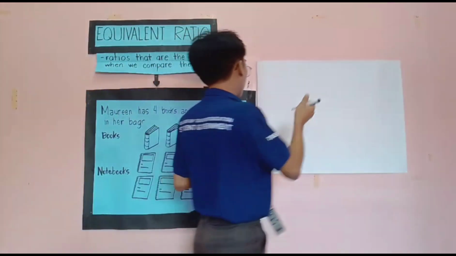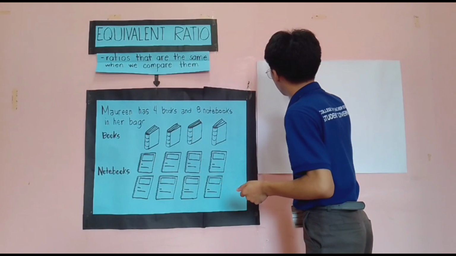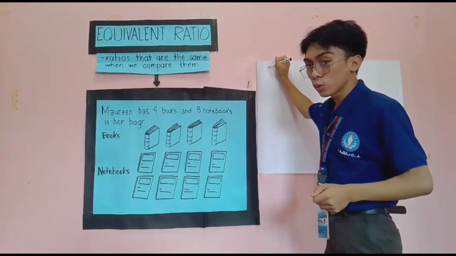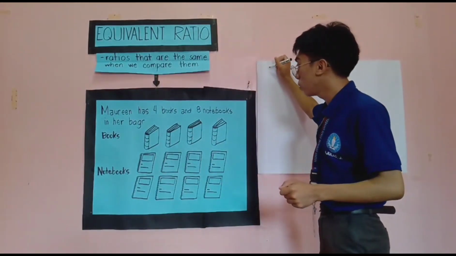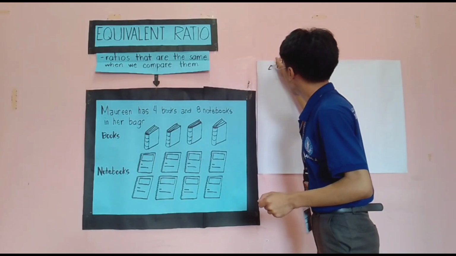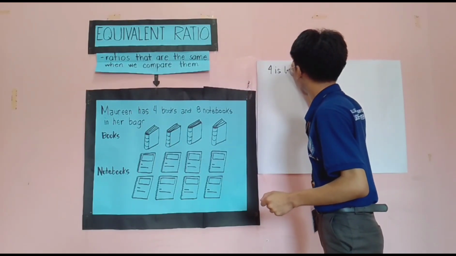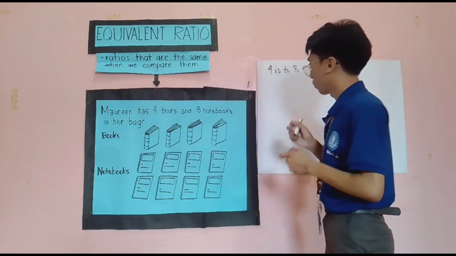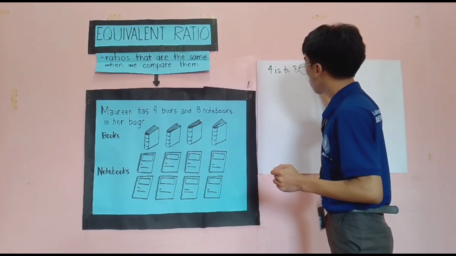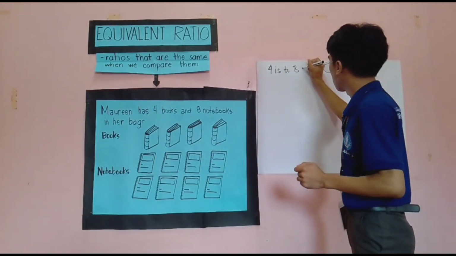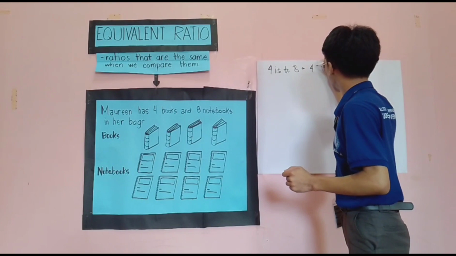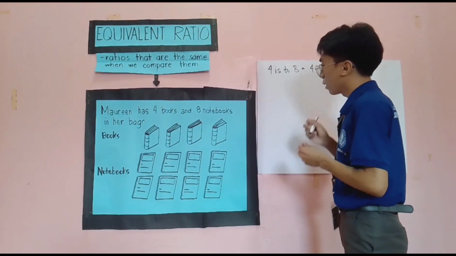Very good. Maureen's ratio of books and notebooks is 4 is to 8, or can also be written as 4:8.